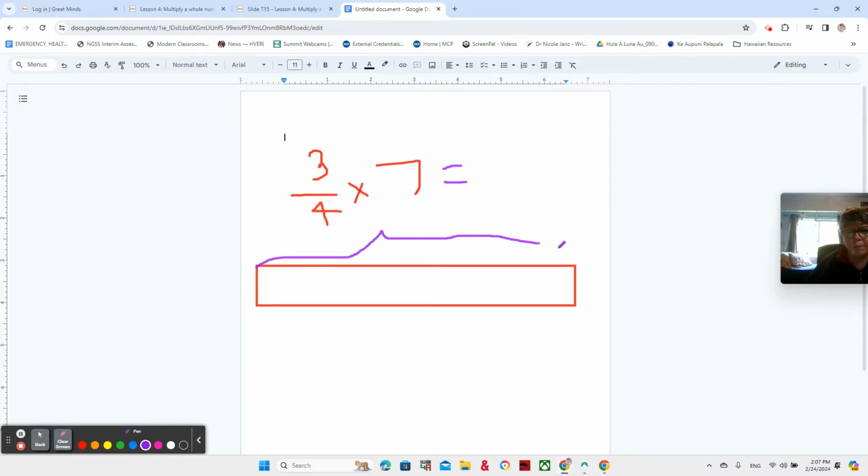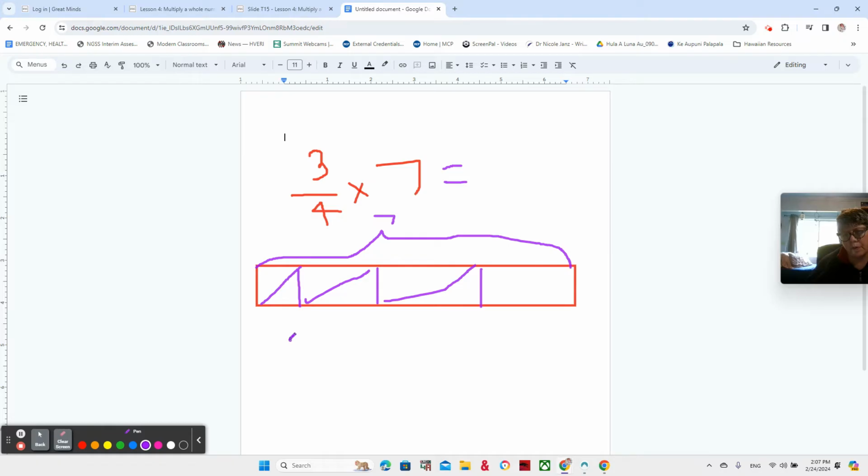My total amount is going to be 7, and I'm going to have 4 parts because my denominator is a 4. And I'm looking at 3 of them, 1, 2, and 3.